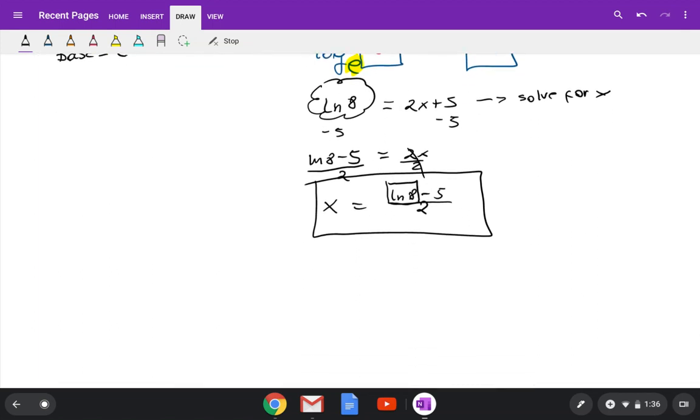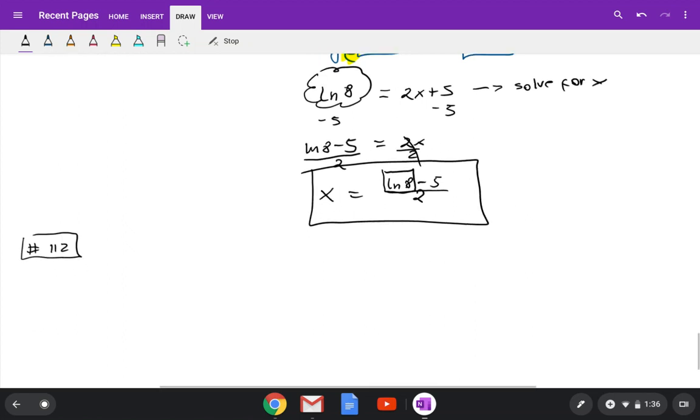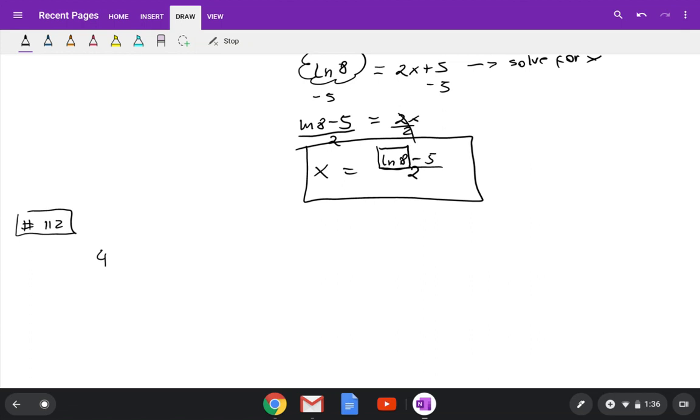Number 112. And we'll do one more problem. So let me give you one more. This is an exponential: 4 times e to the power of x plus 1 equals 5.